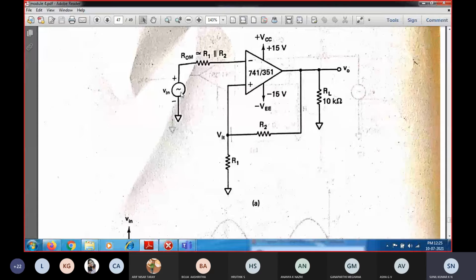Since this is a comparator circuit, with the inverting terminal greater than the non-inverting terminal, it will cause the output to switch.